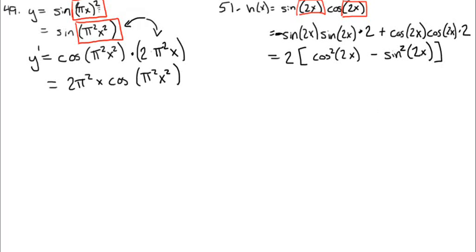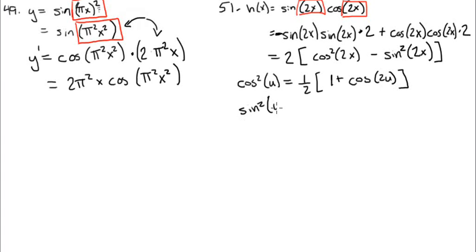So I can actually use here the power reducing formulas, which is, let's see, cosine squared of u is equal to 1/2 times the quantity of 1 plus cosine of 2u, and then sine squared of u is equal to 1/2 times 1 minus cosine of 2u.